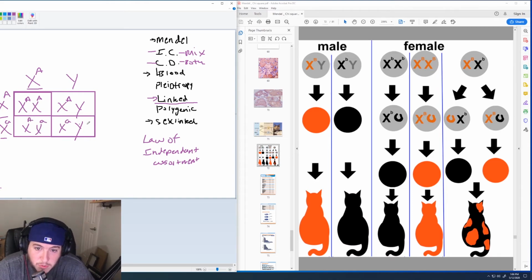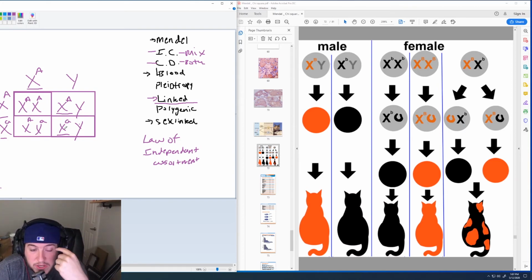Now, what you need to remember about sex-linked is that because these genes are sex-linked, these diseases, or these disorders, whatever happens, are much more likely to show up in boys, because the boy has to receive that trait only once. In order for the girl to get the trait, the girl will have to get the trait twice. So she has to be unlucky 2 times as opposed to the man having to be unlucky once.